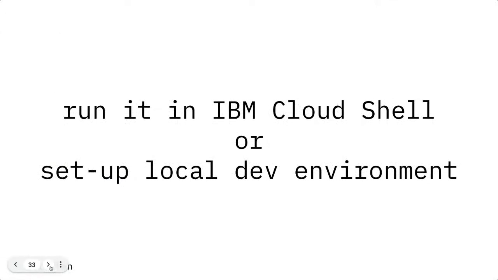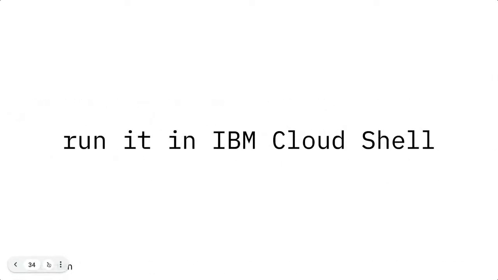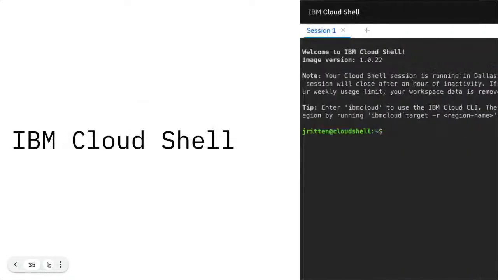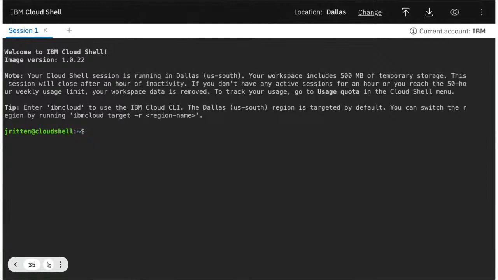So we have two ways we can get things set up here. Yes, you need an IBM Cloud account. We have two ways that you can get started here. I'm going to show you how to get started locally. Initially, if you would like, you can run everything from the IBM Cloud Shell. So you won't need to do any of the installation of anything.